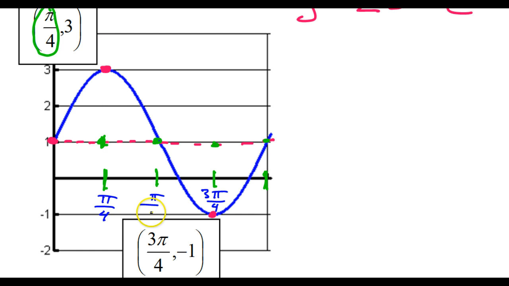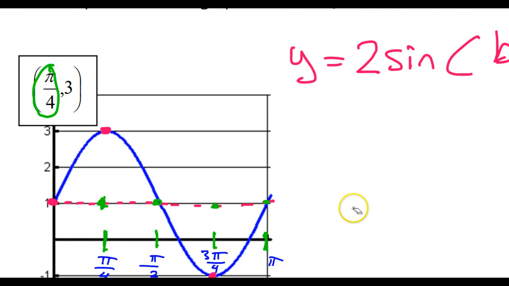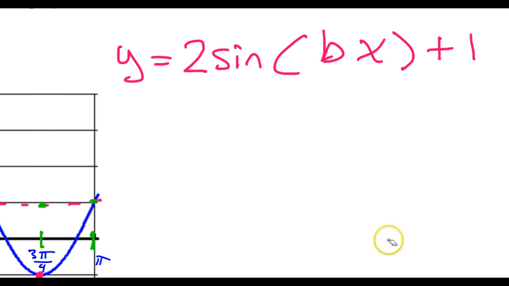The one that we really need is this last one: 1 pi over 4, 2 pi over 4, 3 pi over 4, 4 pi over 4. Wouldn't these 4's cancel out and just leave us with pi? So that's the key. The period of this entire thing is pi. That's what I'm going to use to find that b value.